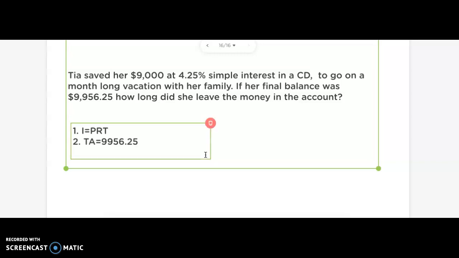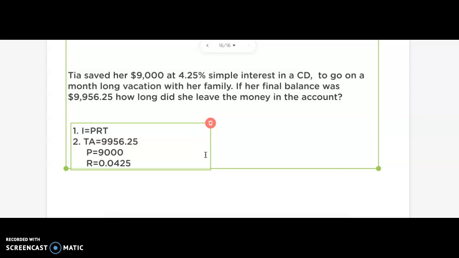The principal is 9,000. We have the rate, which is 4.25%, and let's put it in right. And we don't know our time.